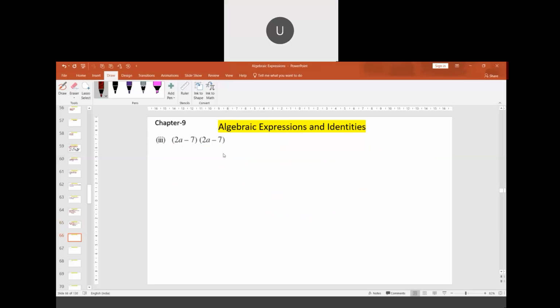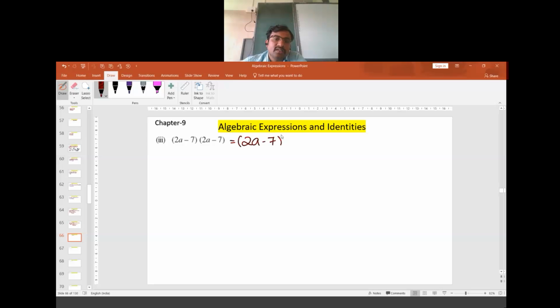Now the formula, the identity, is changed. Here we have 2a minus 7 multiplied by 2a minus 7, which is (2a minus 7) whole square. See, the form of a minus b whole square is equal to a square plus b square minus 2ab.